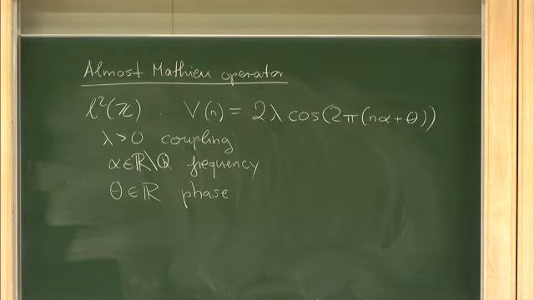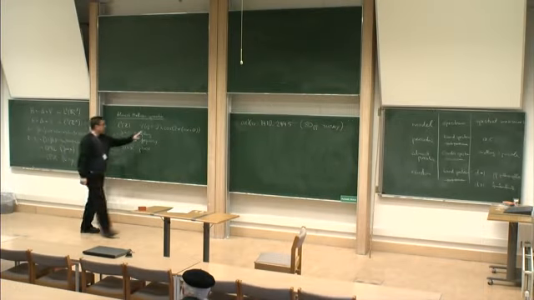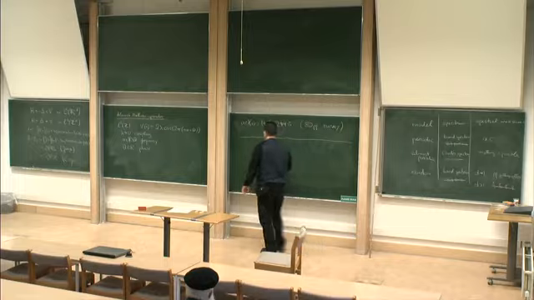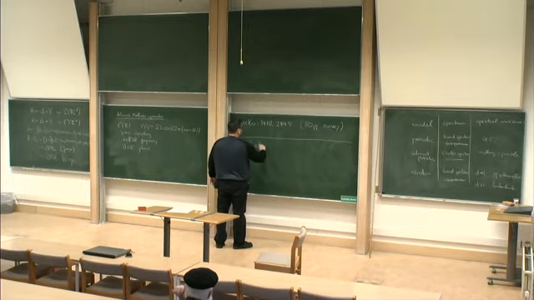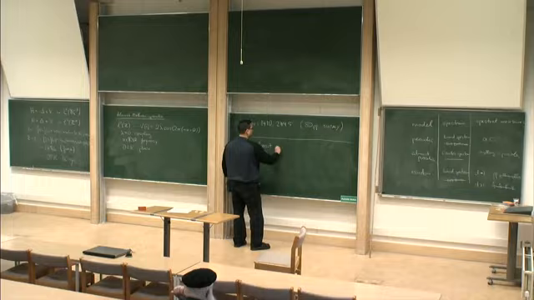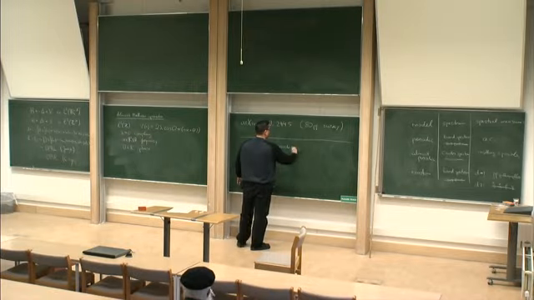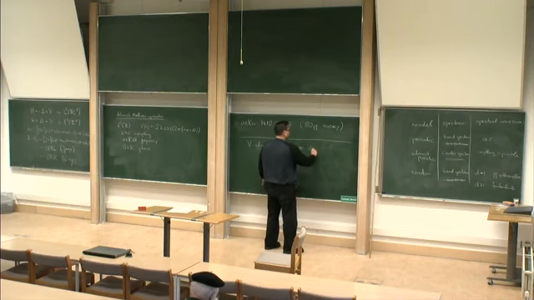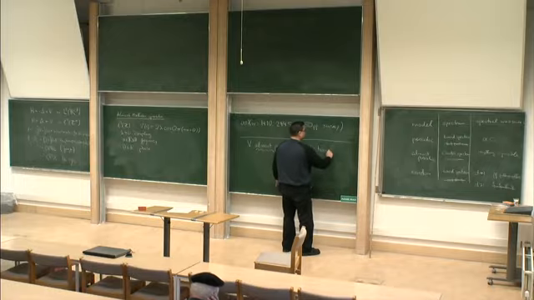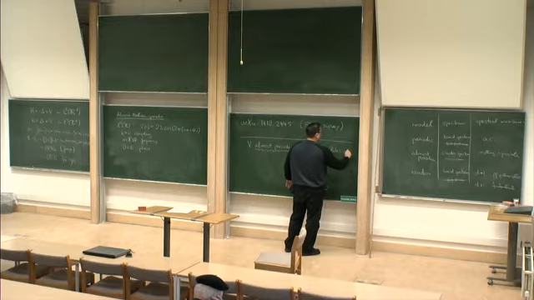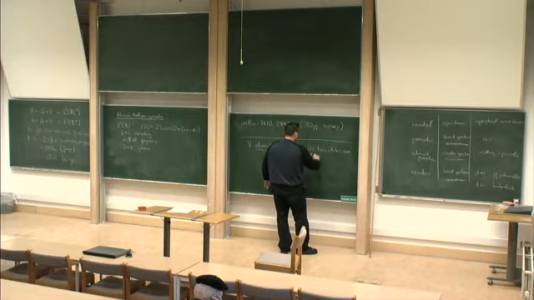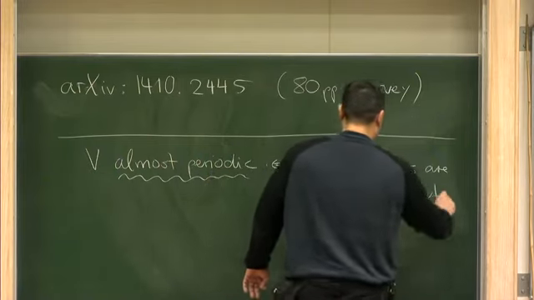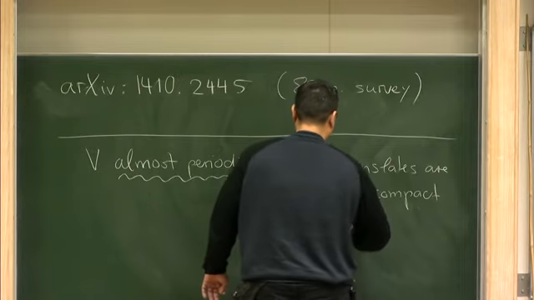Okay, so here's your one-dimensional potential. This describes the almost Mathieu operator. And maybe I should actually say what I mean by almost periodic. So V is almost periodic by definition if the set of its translates is relatively compact in L infinity.